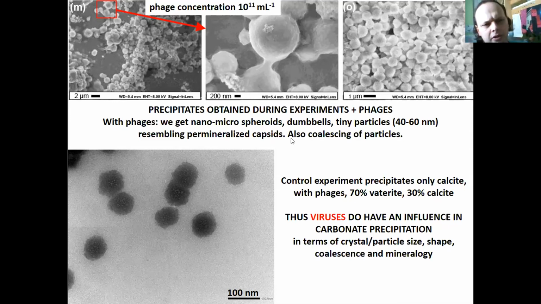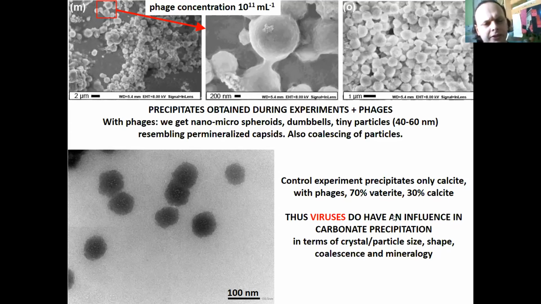Moreover, in our control experiments, we only found calcite. Control experiments, just to remind you, were without phages. Experiments with phages gave us 70% vaterite. Vaterite is a metastable polymorph of calcium carbonate, and 30% calcite.